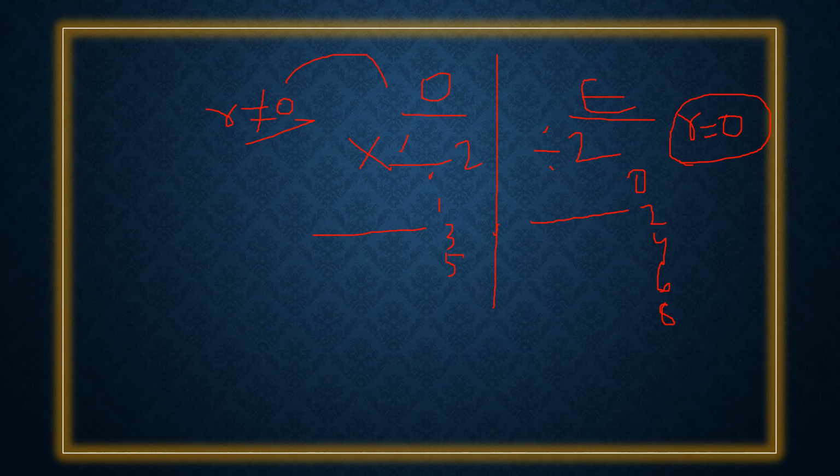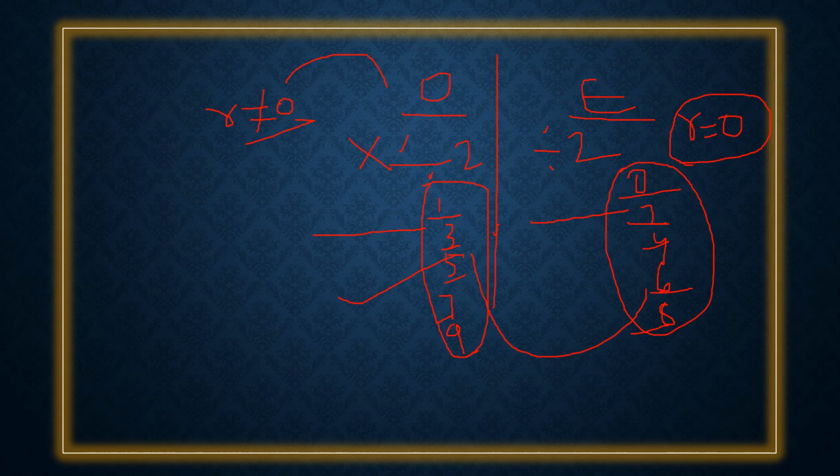Just we are telling the units digit, means only a single digit should be there. So 0, 1, 2, 3, 4, 5, 6, 7, 8, 9. If a number is ending with other than 0, 2, 4, 6, 8, then they are odd numbers.